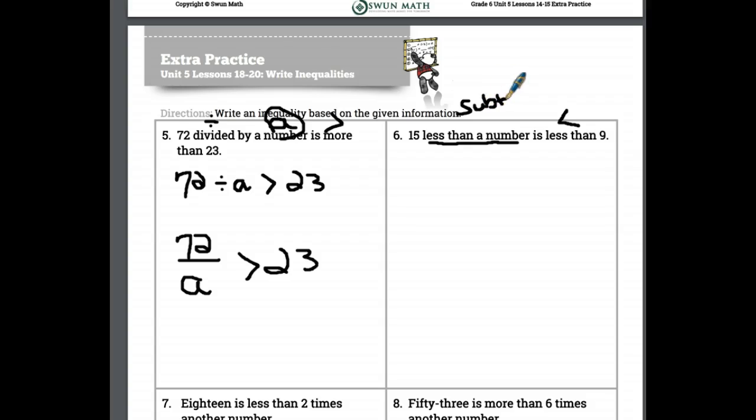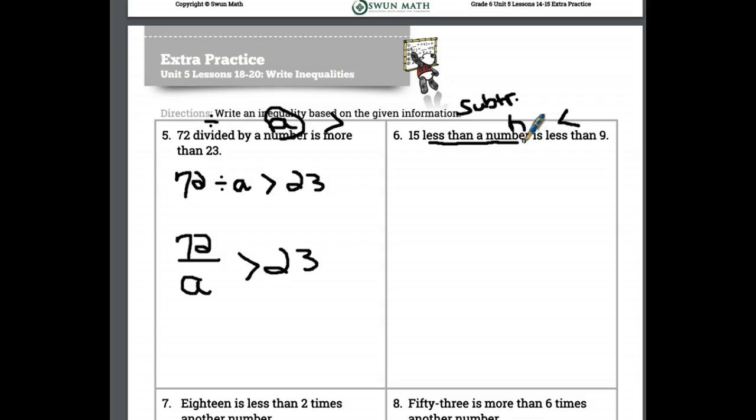But when we had worked on translating from English to algebra, we said where you have less than a number. And in this case, I'm going to use H for my variable. Whatever you picked is fine. It did not have to be H.